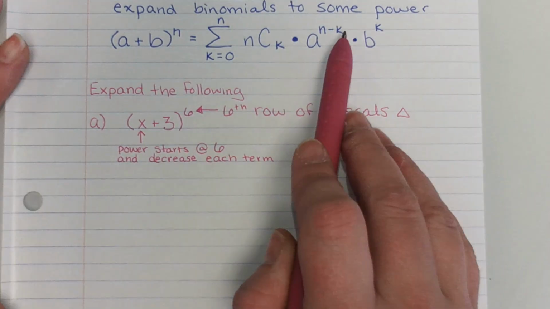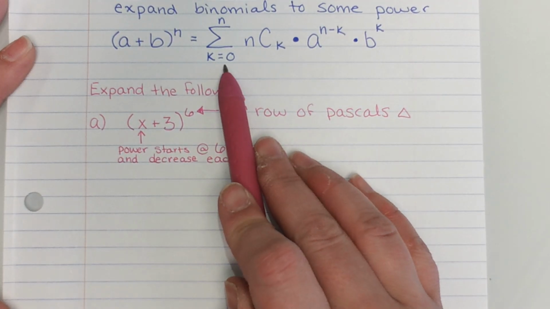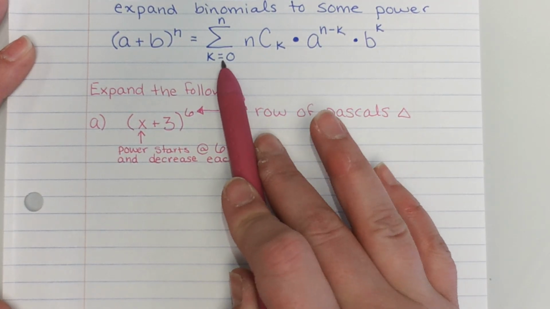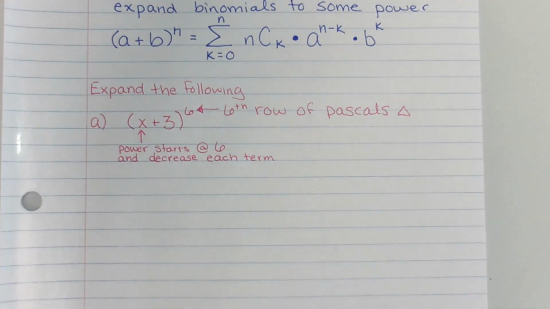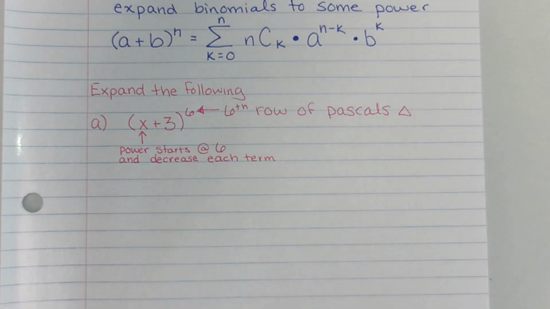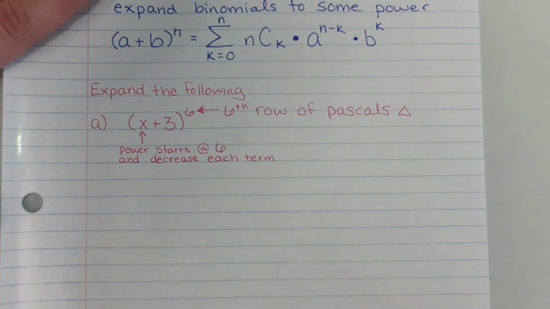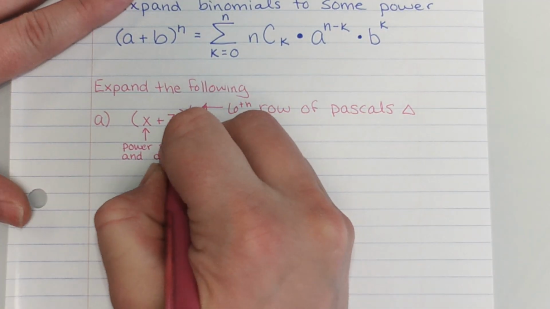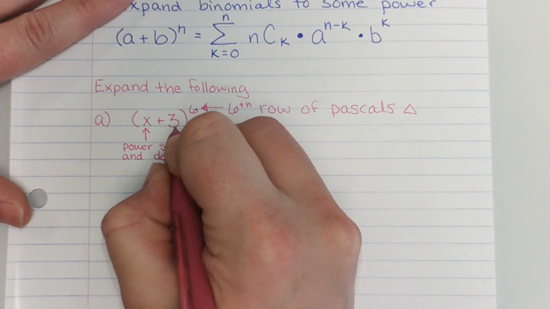Specifically, decrease by 1, because as you go through a series, k, this variable increases by 1 every time, and as that increases by 1, this decreases by 1, because it's subtracting it. Our second term, in this case, is just a 3.